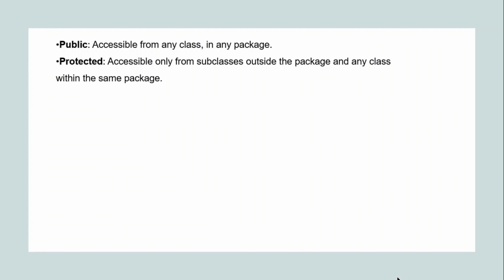If we are inside the same package, then we will be able to access from any other class or any other subclasses. While we are outside the package, then only the subclasses will have the ability to access anything inside the protected class.